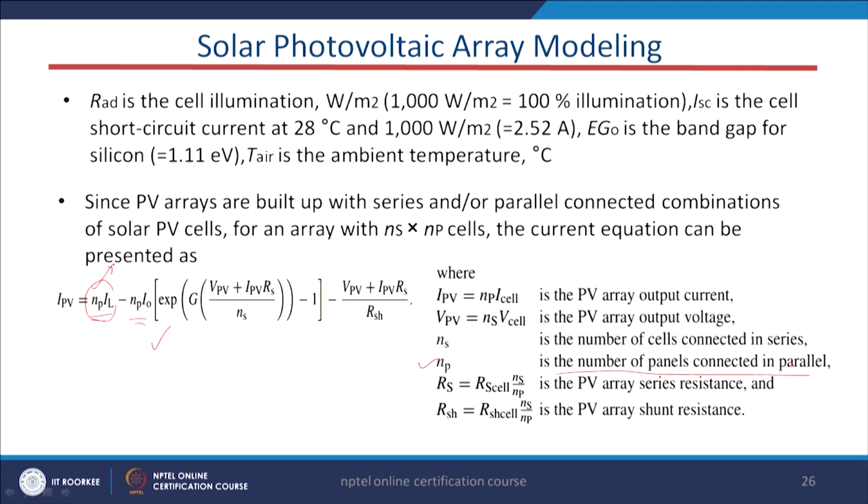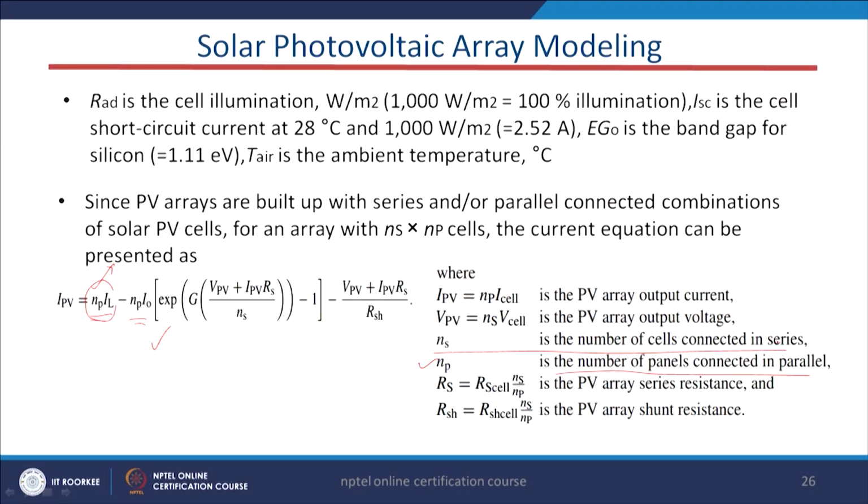I will tell you why we have multiplied by NP, not NS. NS is the number of cells connected in series. Let us assume that in this particular panel we have NS cells connected in series and NP cells connected in parallel. Next, minus NP into I naught, and these terms we have already written in the first equation, and this is basically the current flowing through the shunt resistance.